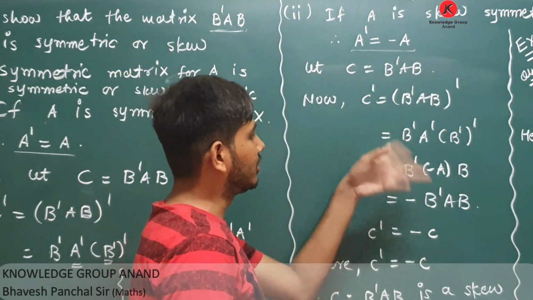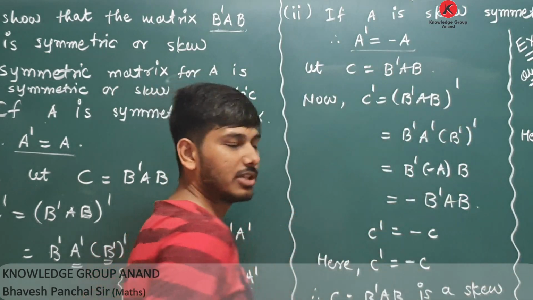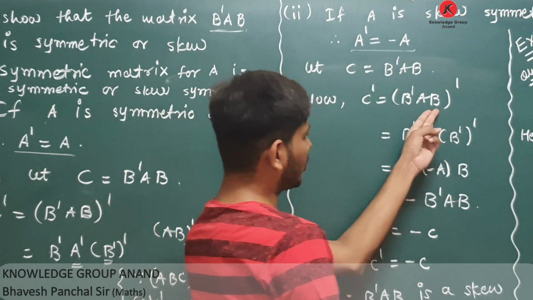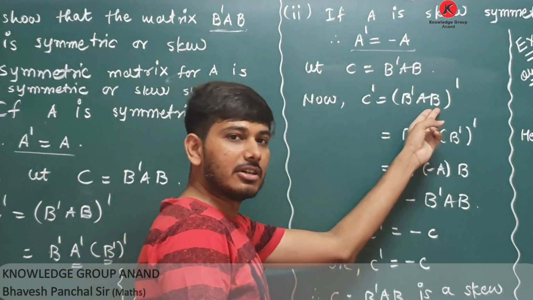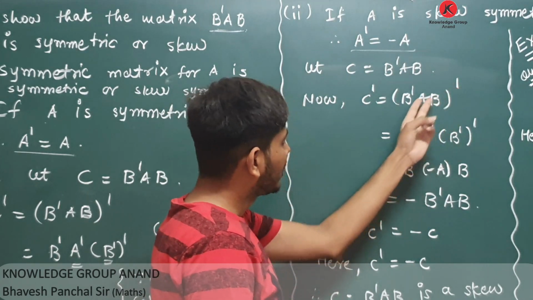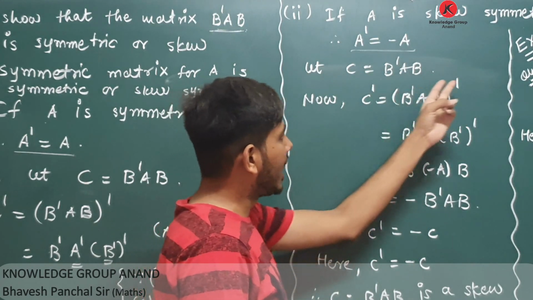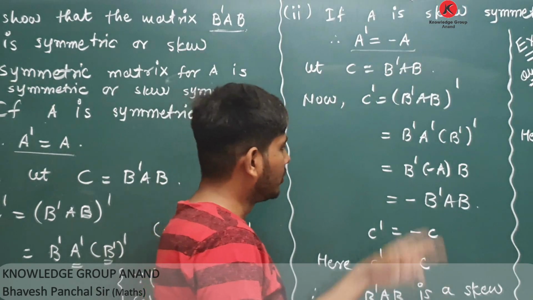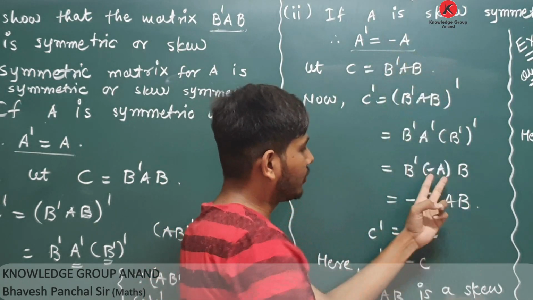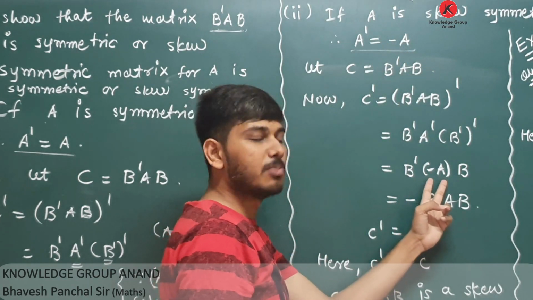Now we know that for multiplication of three matrices in transpose, we write separate transposes in reverse order. Therefore, B dash A dash into B dash dash. Now A dash is equal to minus A. Therefore, put the value of A dash as minus A.